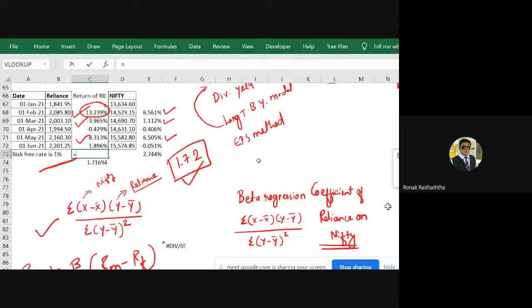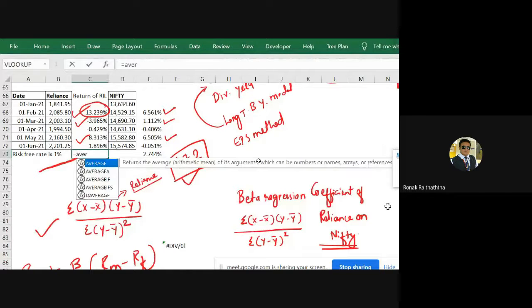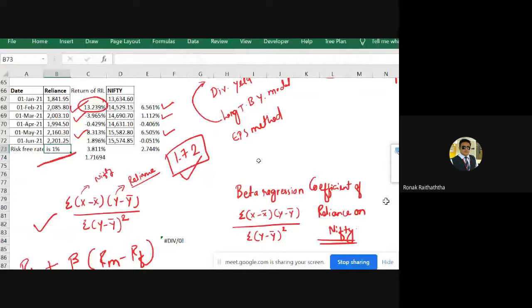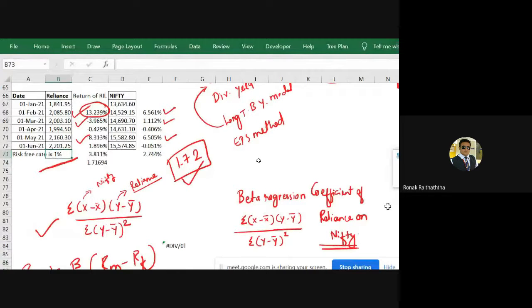An average of Reliance as well I'm finding. So that is 3.811%. So you can see that average return of Reliance is anyway bigger than the Nifty. So average return of last 6 months may be expected in the future as well.